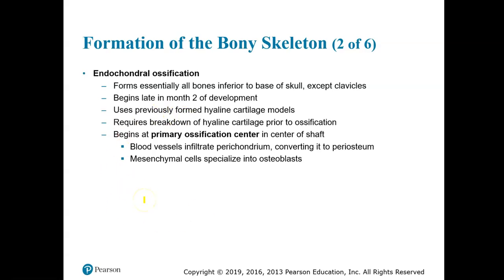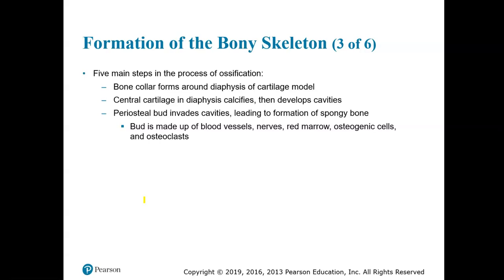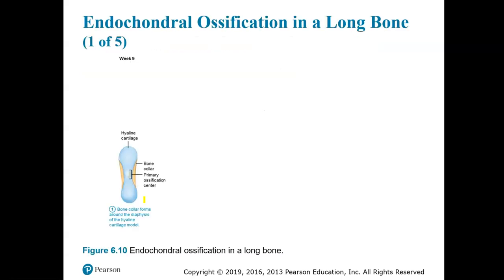So endochondral ossification starts out with a hyaline cartilage model. And here's the process. In step 1, the entire bone is hyaline cartilage, and you have a primary ossification center, which begins developing in the center, where the diaphysis would be.